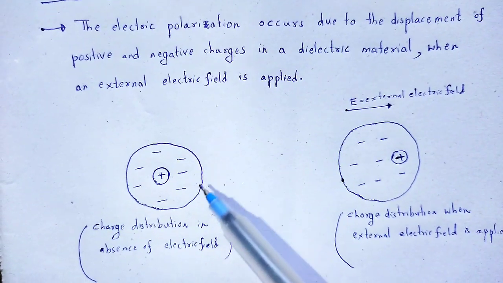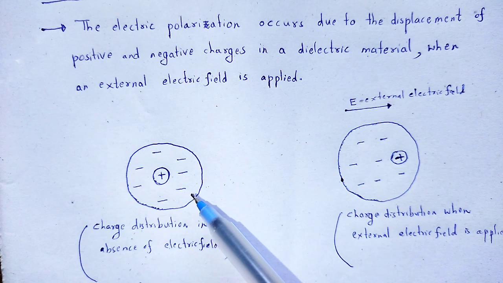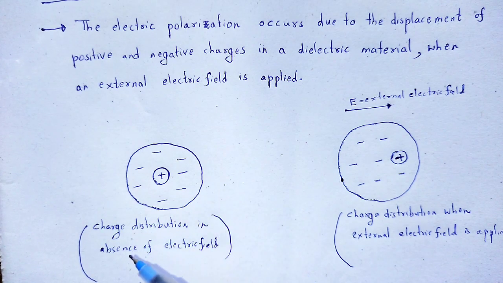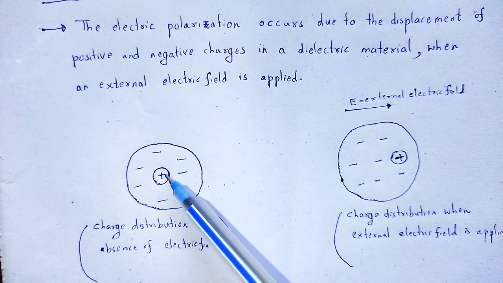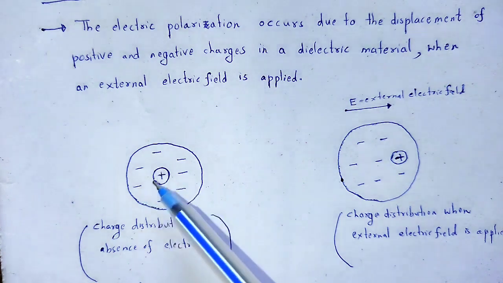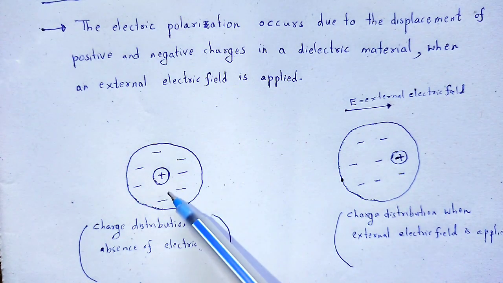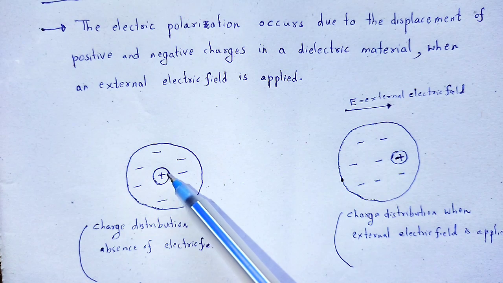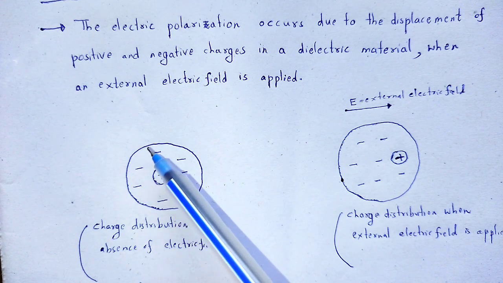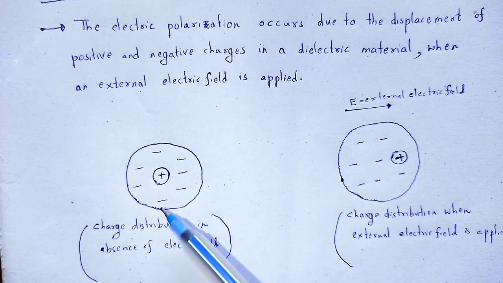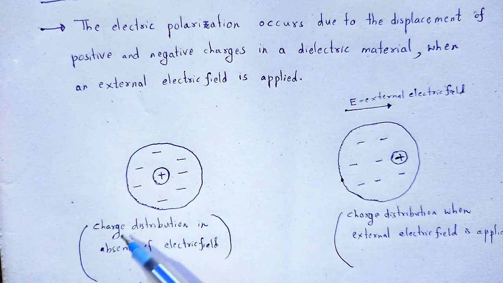In the absence of external electric field, the positive charge on the nucleus and the negative charges around the nucleus are attracted to each other by the Coulombic force. Therefore, the atom overall is non-polar.